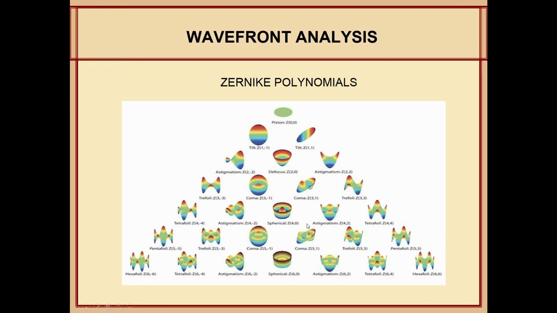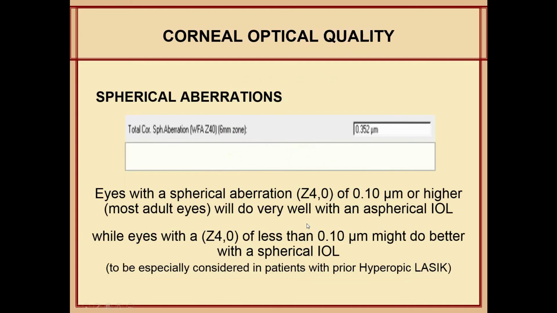You don't have to be. What you look at, I don't know if you remember that thing I showed you on the cataract evaluation sheet printout on the lower right-hand side, I look at the total corneal spherical aberrations. In this case, it is 0.352.